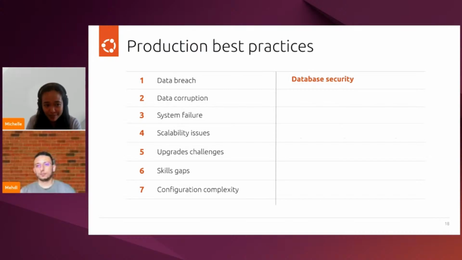Data corruption: backup and recovery. Would you like to give me more information about the importance of backup and recovery and how Charmed OpenSearch addresses this issue? Right. So in any data system, usually backup and restores are fairly widely used features, and should I say also frequently used features, right? So this is no different in Charmed OpenSearch.